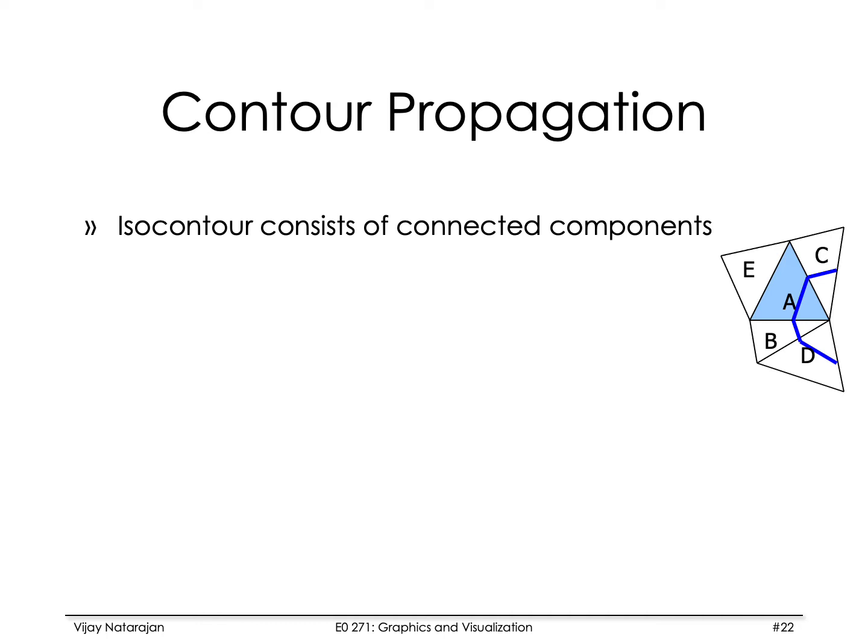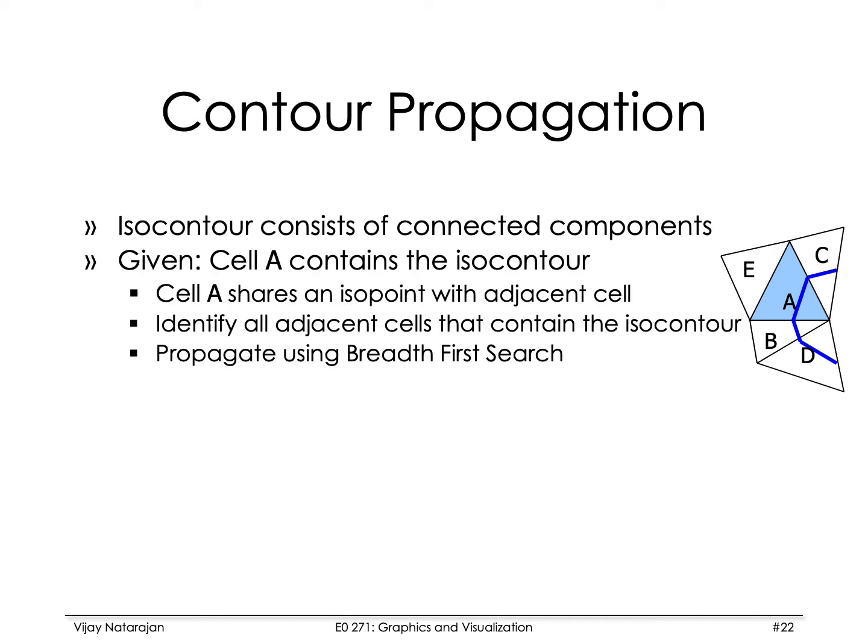So let's talk about how we would extract such an isocontour. Suppose we are given one cell, let's say A, the shaded cell, that contains the isocontour. Given A, I know that the isocontour would traverse through some of the neighbors of A. In other words, cell A will share an iso point with its adjacent cell.